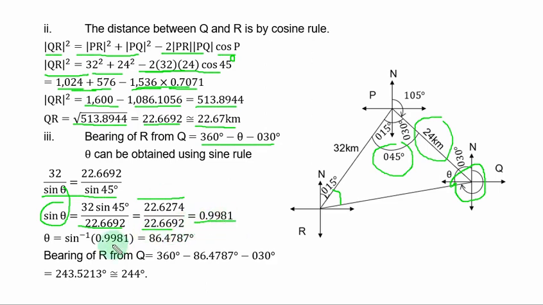To get theta, you take the inverse of sine of 0.9981, and that gives 86.4787.